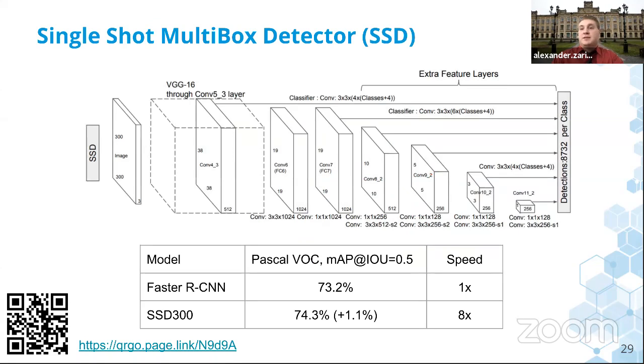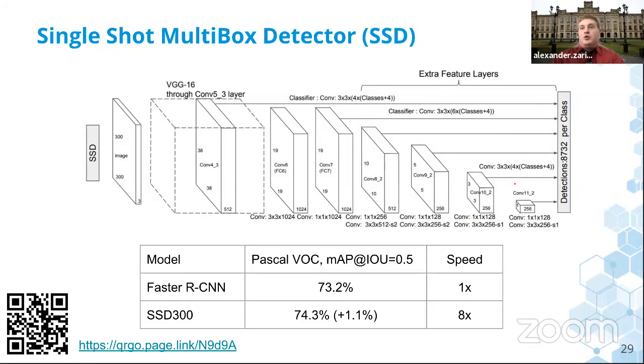Following this simple idea, in 2016 the single shot multibox detector, or SSD for short, was released. It applies the RPN algorithm at different stages of the VGG network, and hence directly predicts the locations and classes of all the objects on the image.